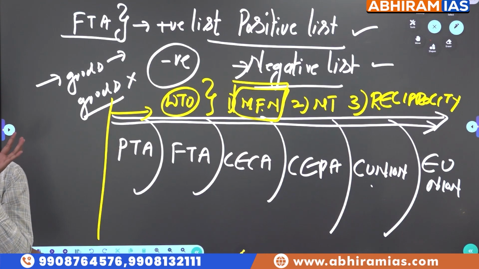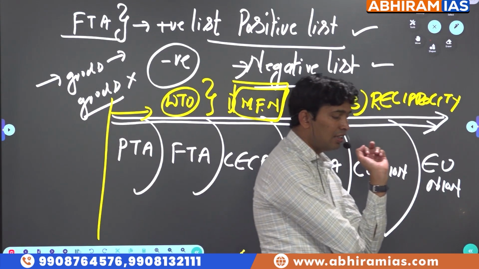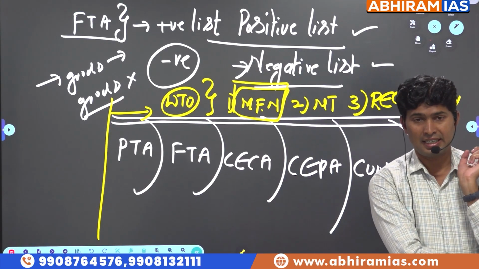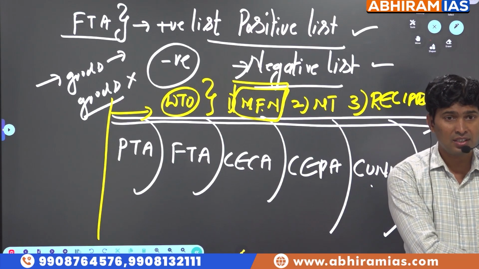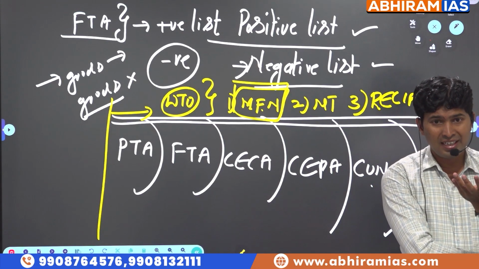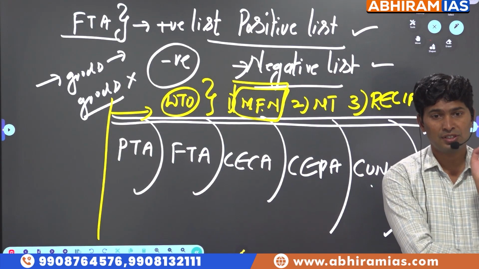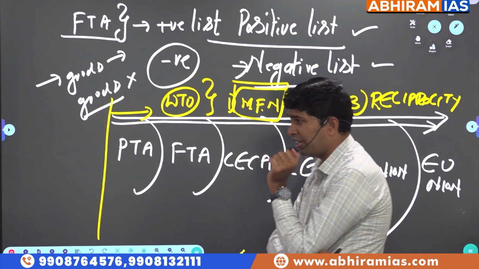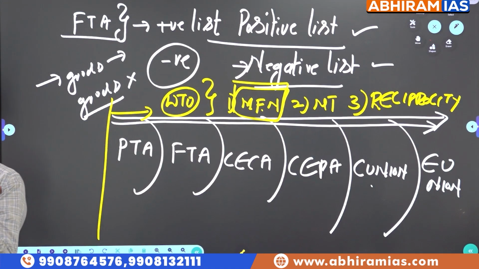India has been giving MFN status to Pakistan, but India cancelled MFN status to Pakistan after Uri terrorist attack. So after Uri terrorist attack, openly India condemned and told, look, you have violated security agreements. So for Pakistan, we cancel MFN status. What does it mean? If goods come from Pakistan to India, India will not provide equal treatment status. That is the meaning of it.